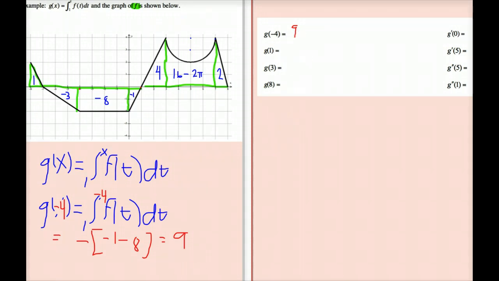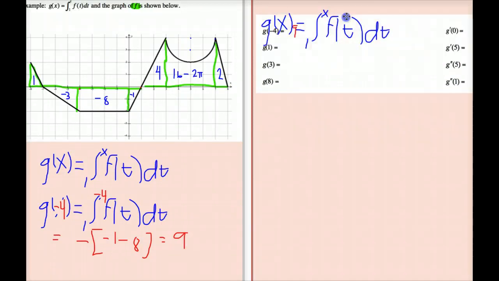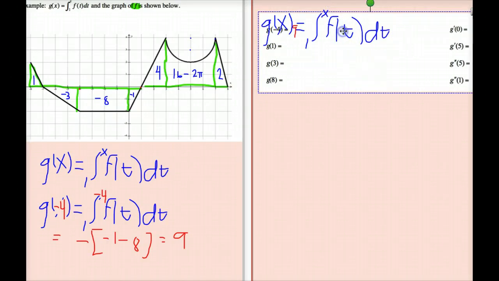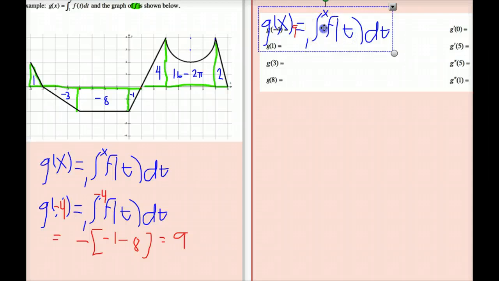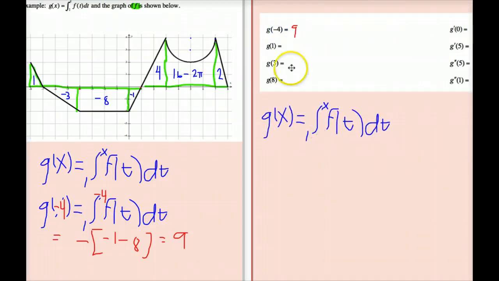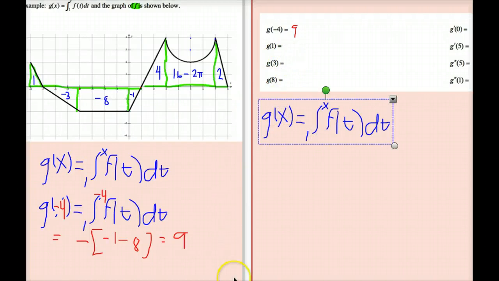So I'm going to do this again, but this time, oops, sorry, wrong one. The next problem says g of 1.